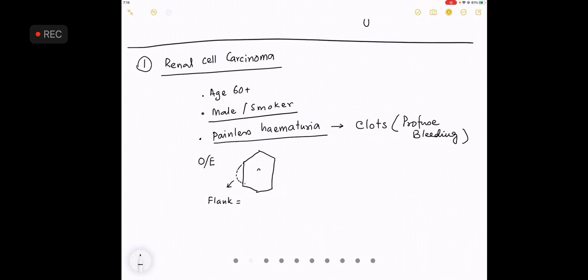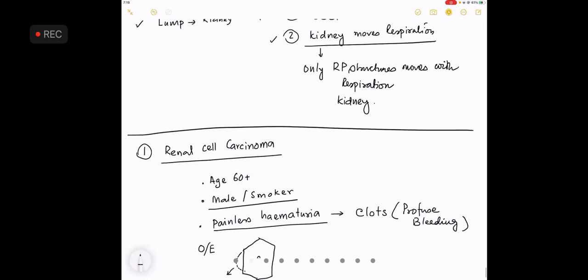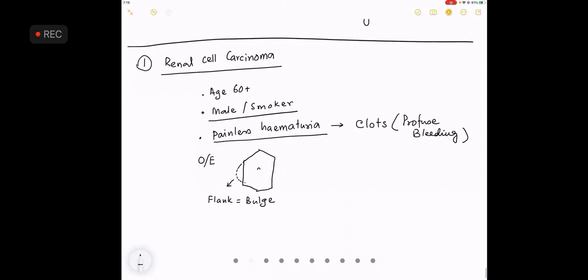The flank may or may not show a bulge. This is the reason I did not tell you this in the kidney palpation. If it is a big kidney tumor, the flank may not show you the bulge. But if it shows, that means it's a kidney lump.